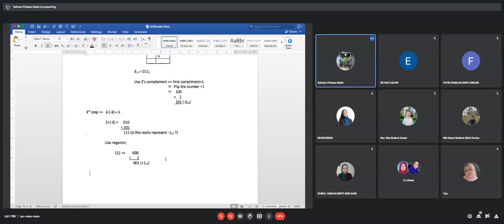It means that 111 base 2 is equal to negative 1. Sorry, 2 minus 3, negative 1. Okay, that's it.